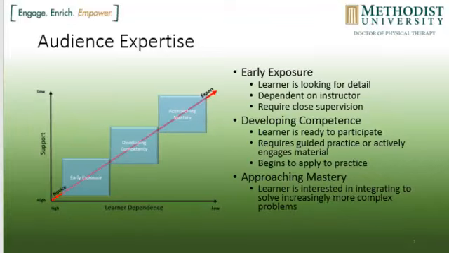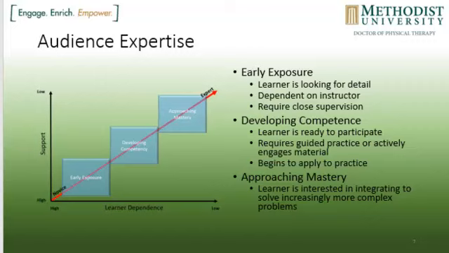Another way to look at adult expertise is in the early exposure, developing competence, or approaching mastery. Everyone who learns a skill will go through all of these areas. Sometimes you can go through all of this in one day if it's a simple task. Sometimes this takes a lifetime to get to mastery. So you can't always go by the age and the experience.